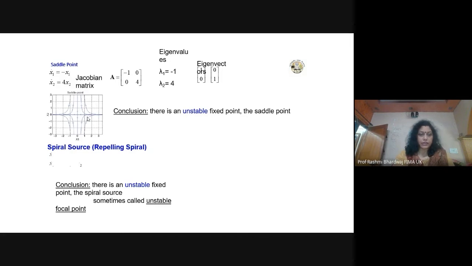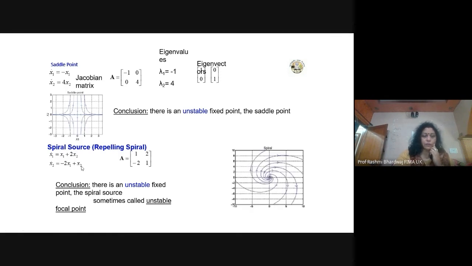If you have another example where both the variables are there, x1 dot equal to x1 plus 2x2, x2 dot is minus 2x1 plus x2, and you are plotting it, you are getting a matrix as 1, 2, minus 2, 1, and the corresponding eigenvalues are 1 plus 2 iota and 1 minus 2 iota.